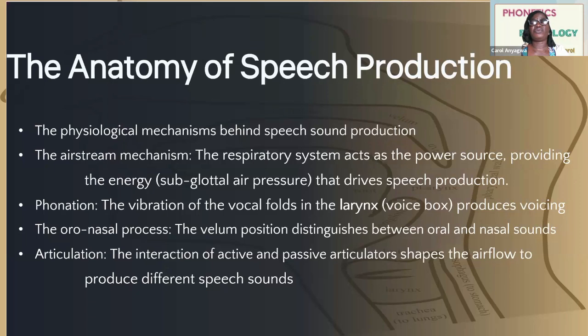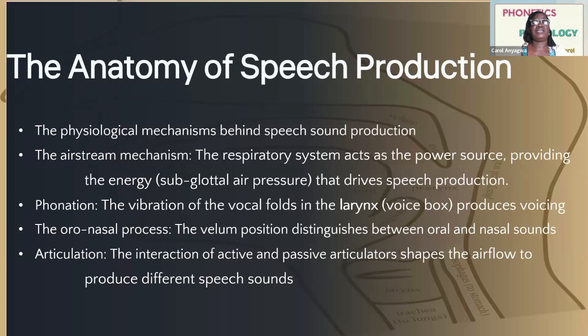You know that the speech production process is usually a secondary process attached to other body systems. The respiratory system provides air for your sustenance. The air you breathe in and out, which sustains your life, is what the respiratory system is interested in. It is this same air that speech production uses. So the respiratory system acts as the power source which provides the energy that drives speech production.